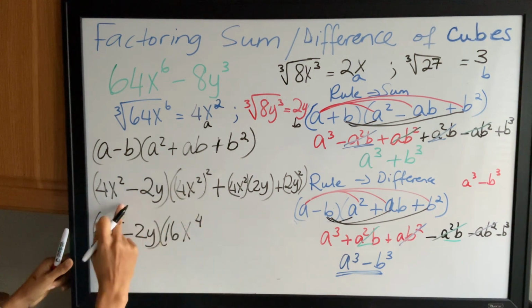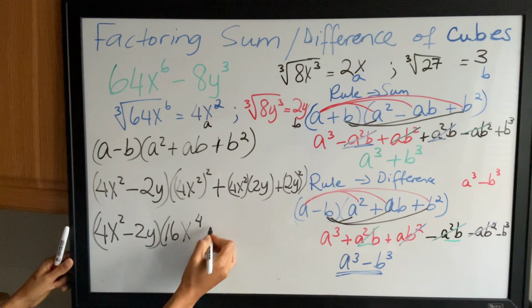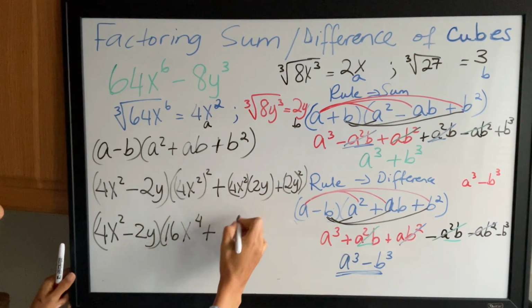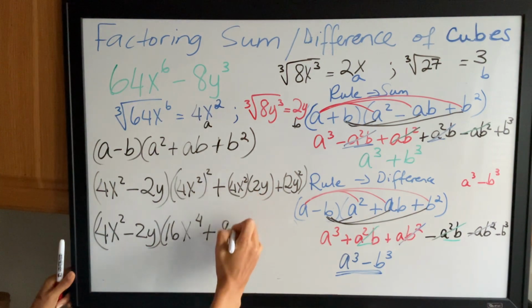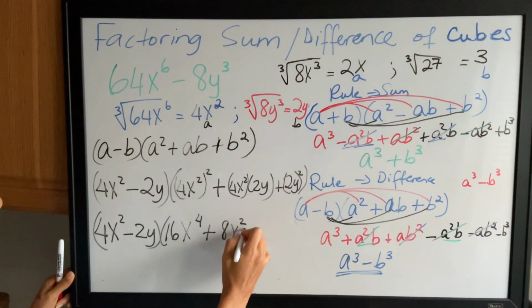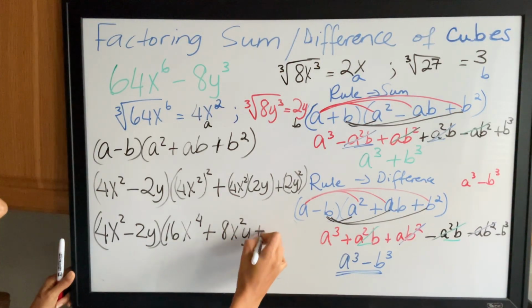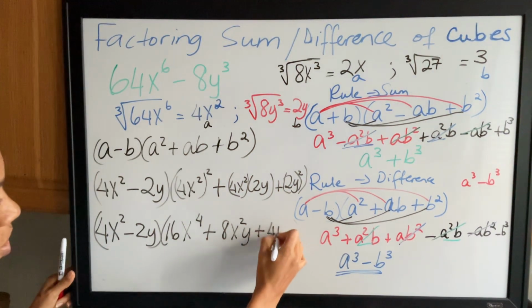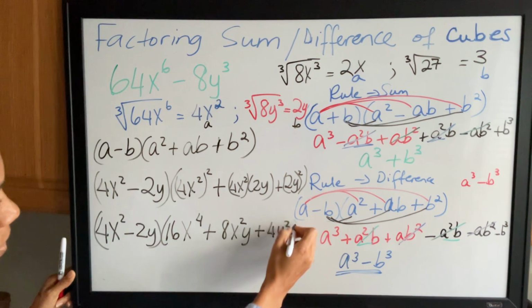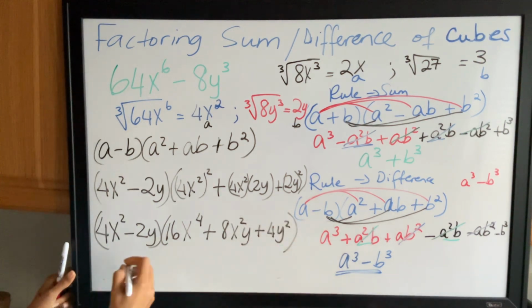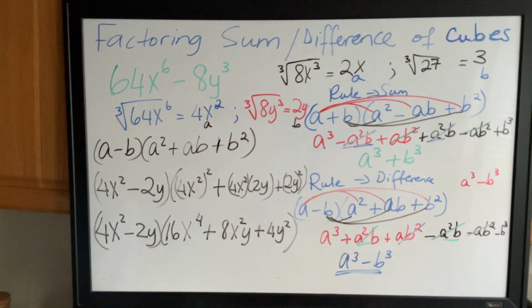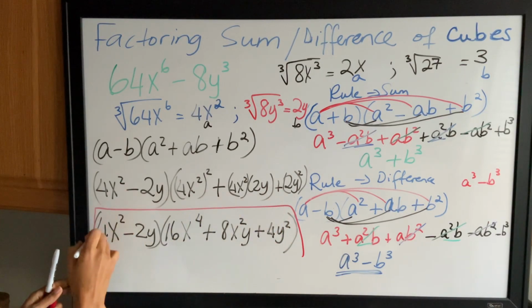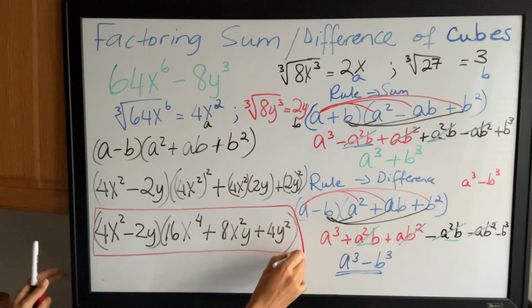The sign we did change, so we keep our plus there. 4 times 2 is 8. We have our x to the 2nd power and y, and then the last term in the trinomial is going to be 4y to the 2nd power, because you're squaring all of that. And this now is going to be simply your final answer. You can box it, or you can put a cloud around it. Your choice, your preference.